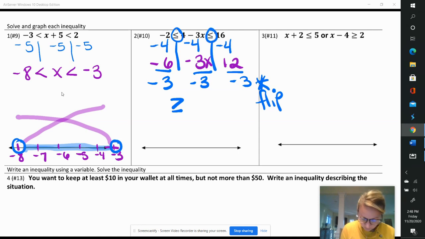This next one is also flipped. Okay, so we can keep this expressed like this, or we can also write it so that the smaller values are on the left, that way the inequality symbols are both facing the same direction.